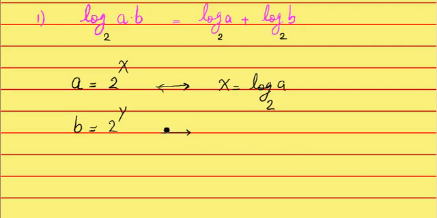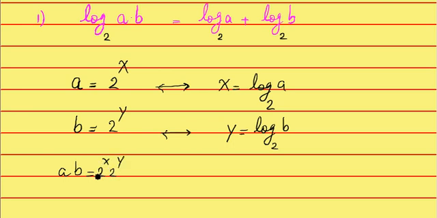Similarly, another way of writing this is y is equal to the logarithm of b in base 2. Now, we are talking about multiplying a and b, so let me go ahead and multiply a and b. A times b, now I have to multiply 2 to the x times 2 to the y.